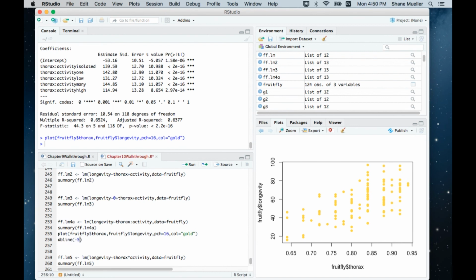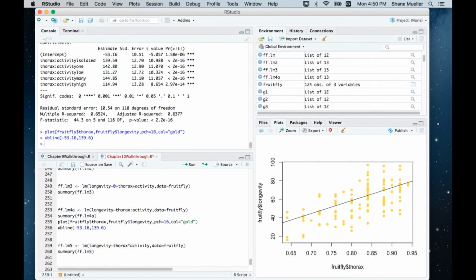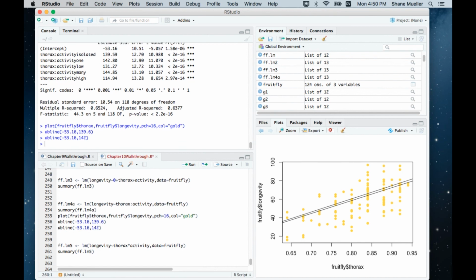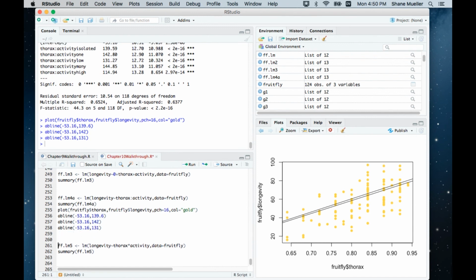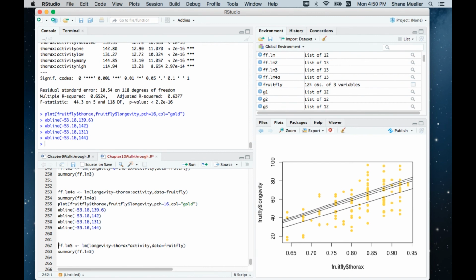So we have negative 53 as the intercept, and then I got 139.6 for one of them. Now this intercept's going to be the same here, but it's going to be 142, and it's going to be 131, and it's going to be 144, and the last one's going to be 114.